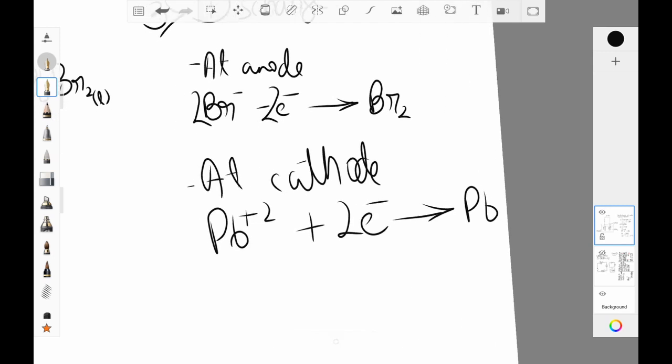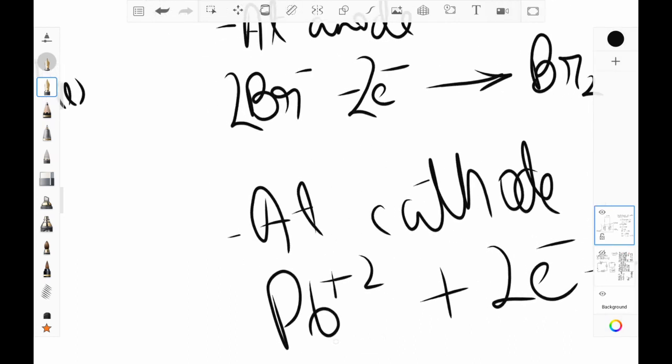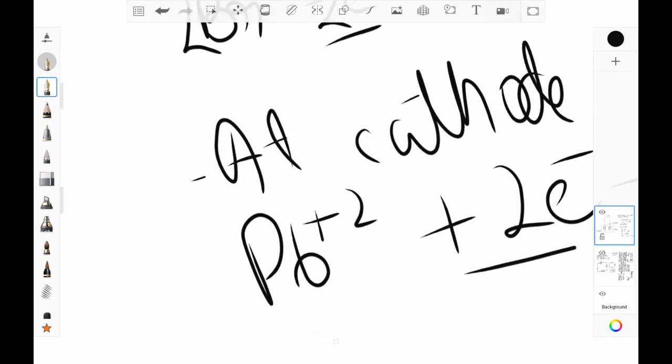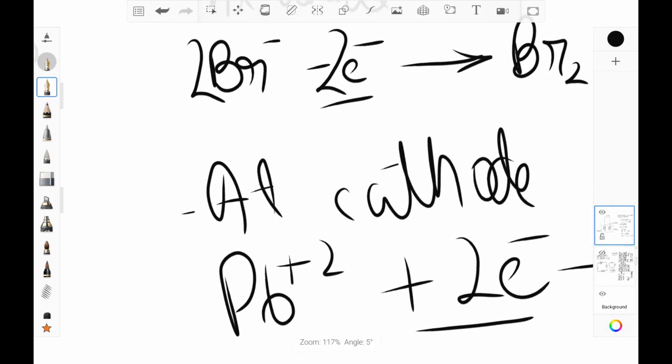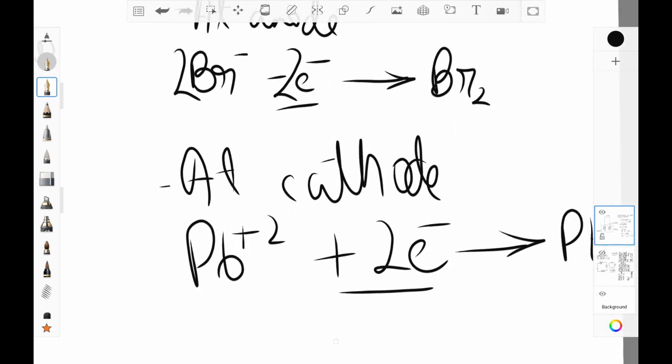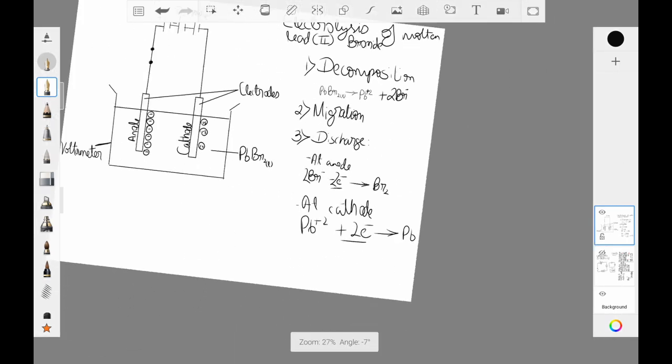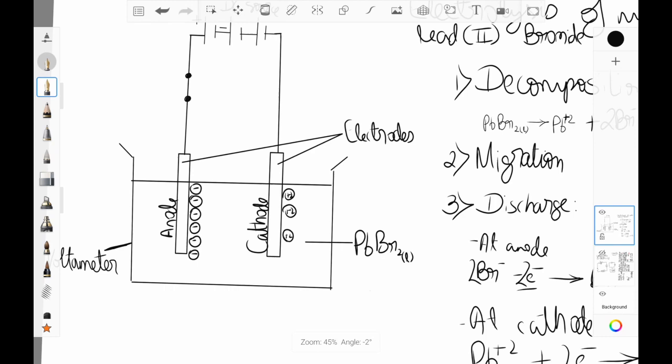Right, now there are 2 things that I want you to note here. Number 1, you'll notice that the electrons that are lost here are the ones that are gained here. You'll notice that they have the same coefficients if you ignore the signs. This is because of the law of conservation of mass, where you can't lose matter, you can't destroy it, you can't create it.